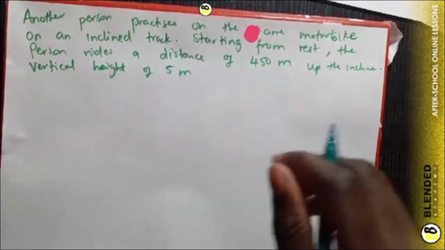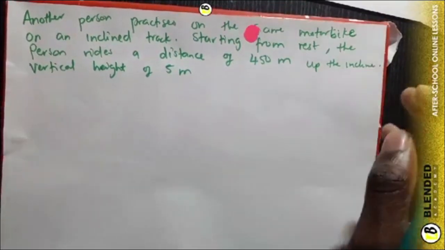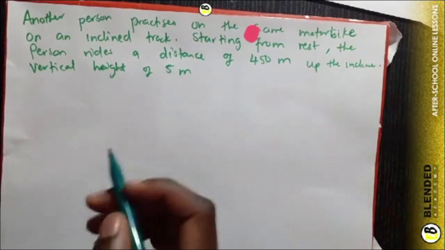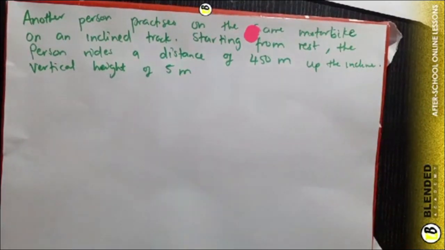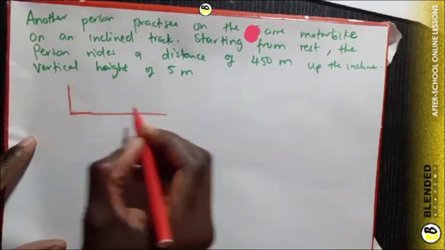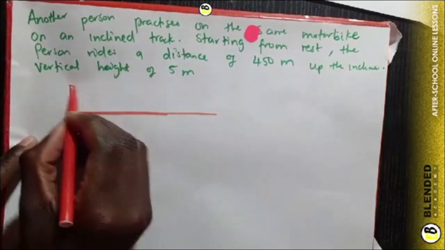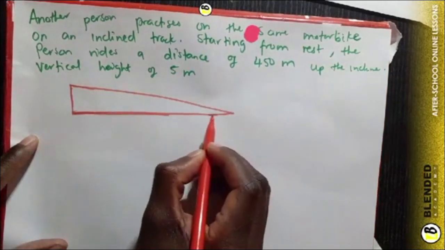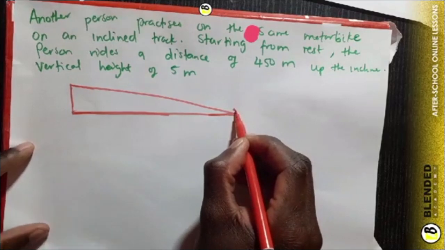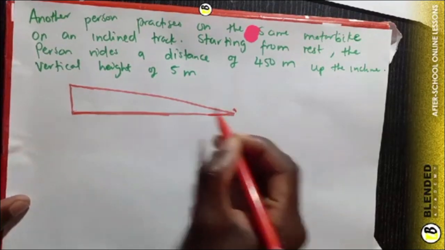I'm going to draw it to make it easier for you to understand and visualize. This is the drawing of the inclined track. This guy is starting here at this position, and that's where he starts riding his motorbike all the way up the incline.